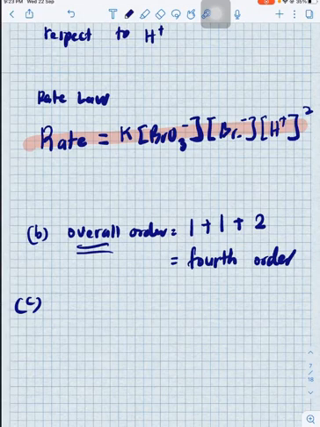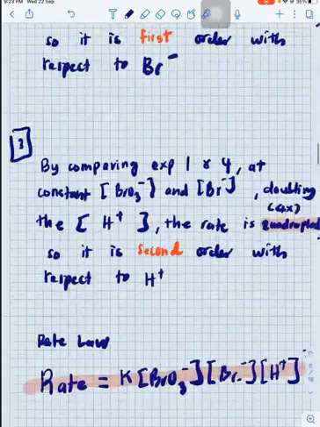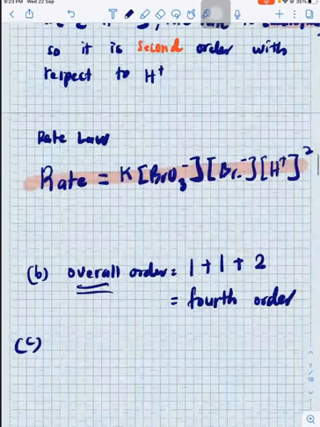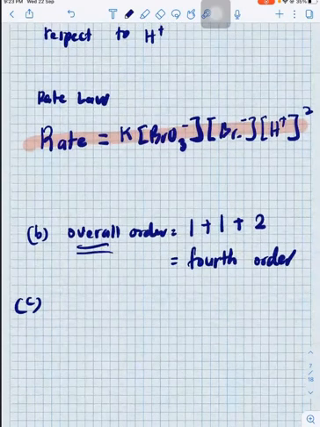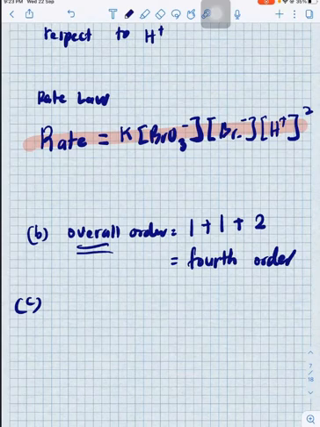Okay, so C. Madam, kalau overall tak kisah berapa, boleh. Ya. Sebab madam cakap tadi yang individual order memang kita belajar 0, 1, 2. Tapi overall order it can be more than that lah sebab dia hasil tambah kan. Overall order is sum of individual order. Okay? Okay. Thank you, madam.